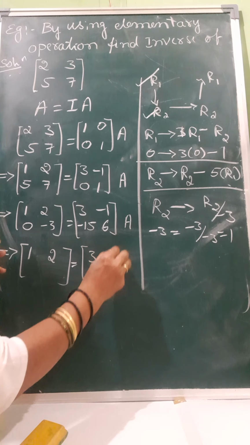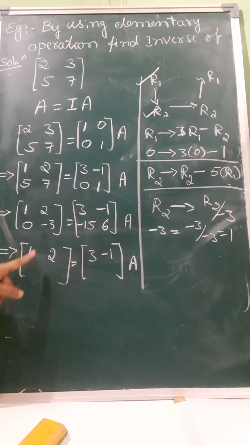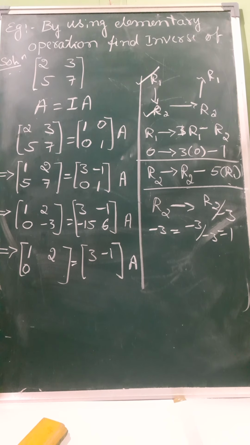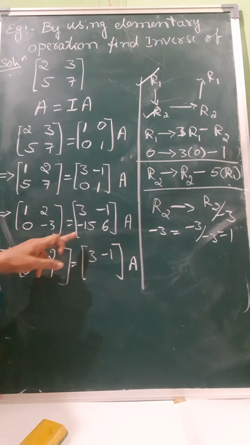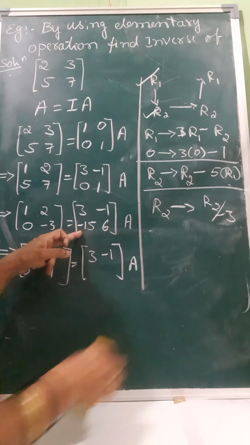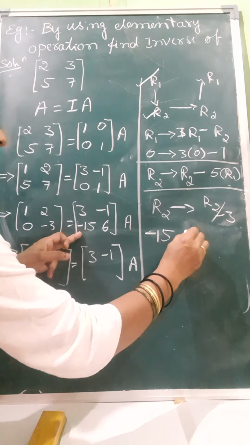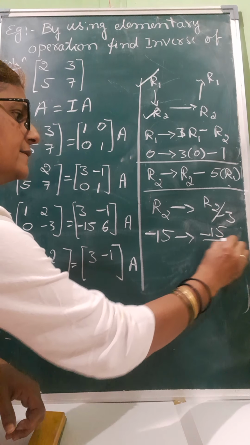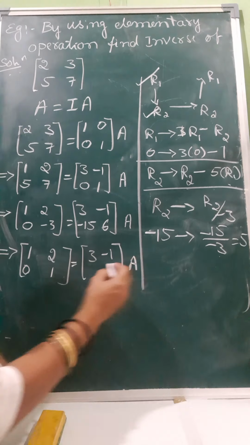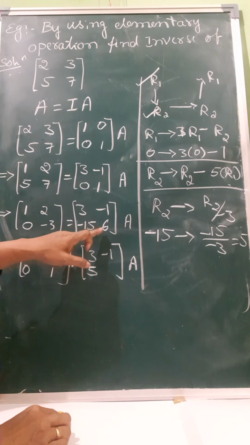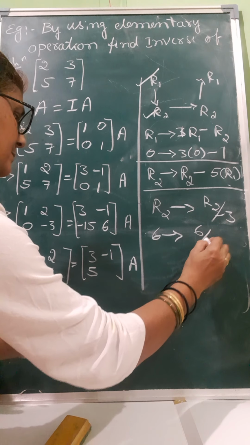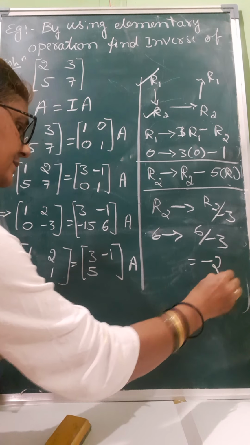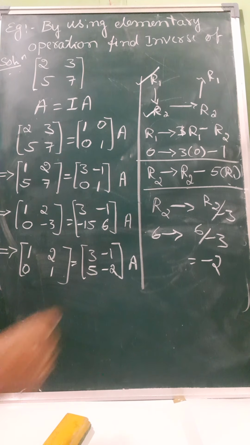For the first one, 0 divided by anything is 0. Minus 3 becomes 1. Minus 15 changes to minus 15 divided by minus 3, that is 5. So write 5. Next 6 divided by minus 3 is equal to minus 2. This is over.